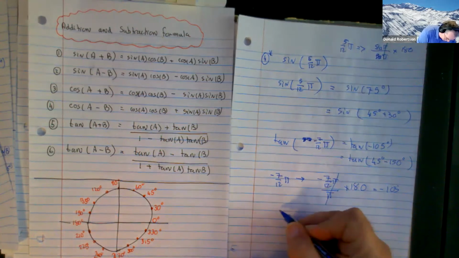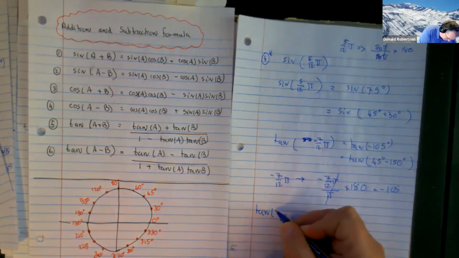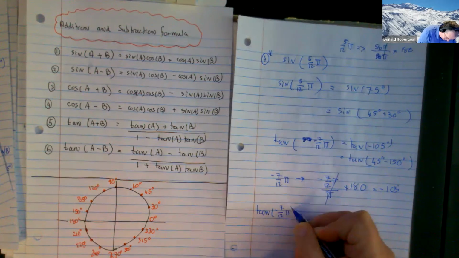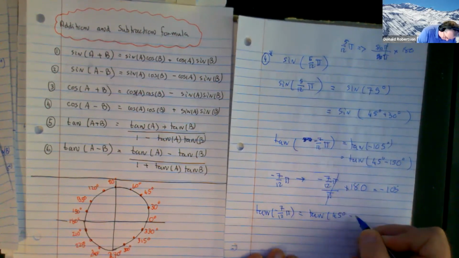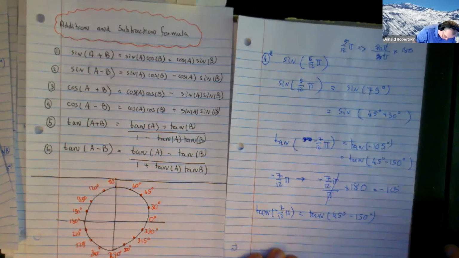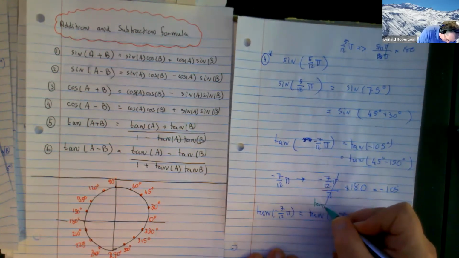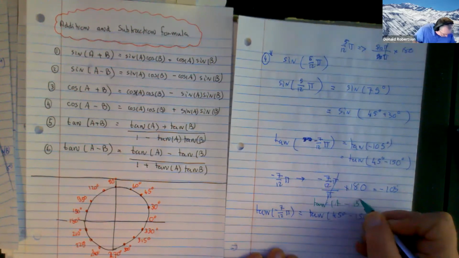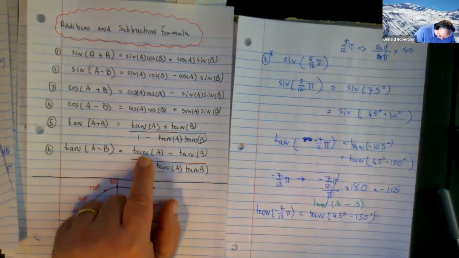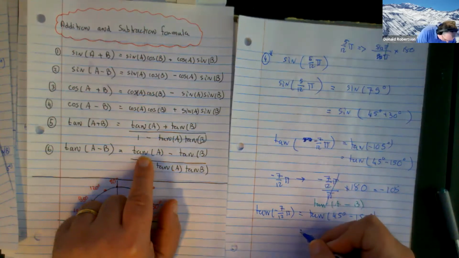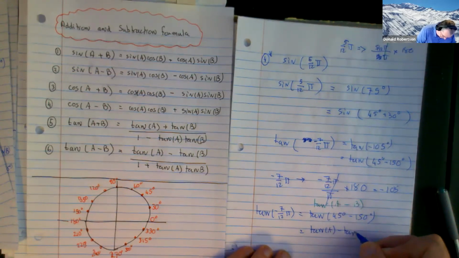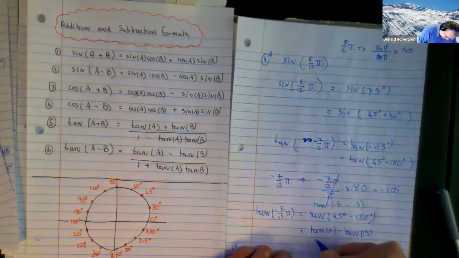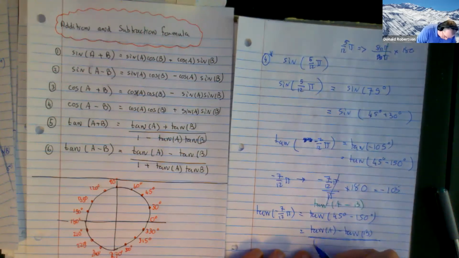So that would turn into, I'll just put the original down here, a tan of A minus B. And that would be number 6 in my list. So the answer will be the tan of A, take away the tan of B, all over 1, take away those two multiplied.